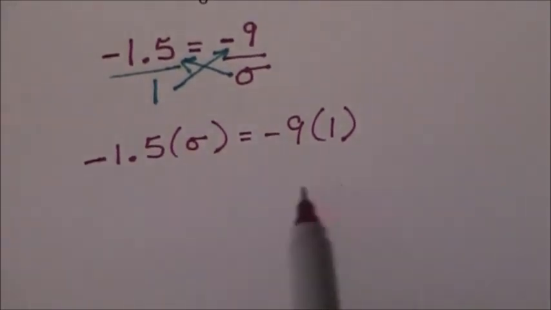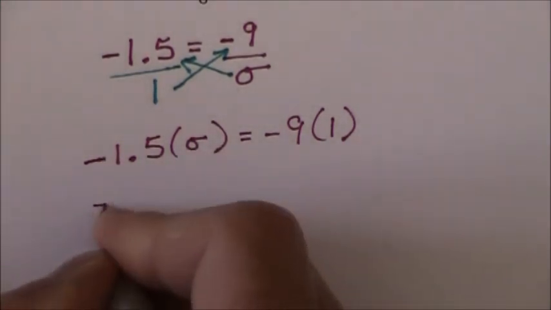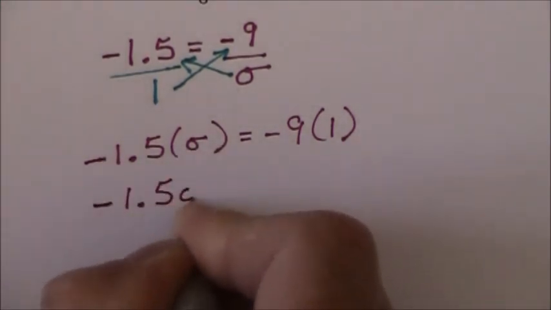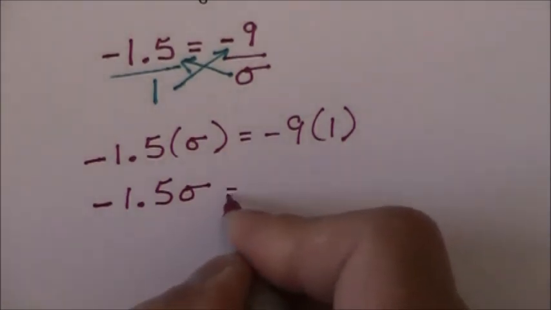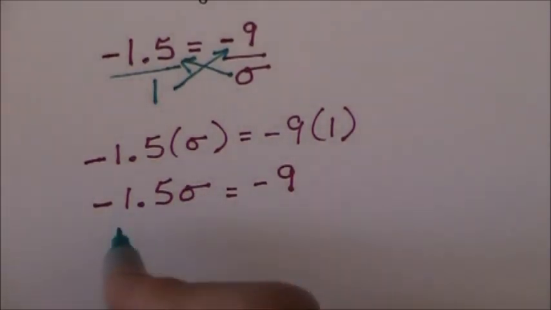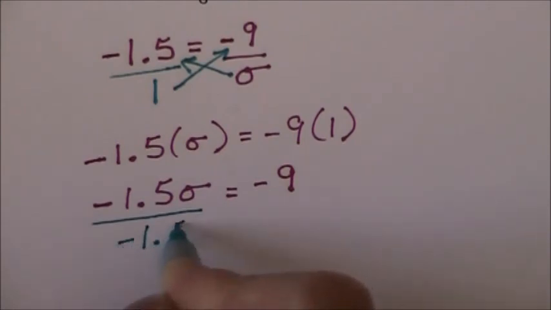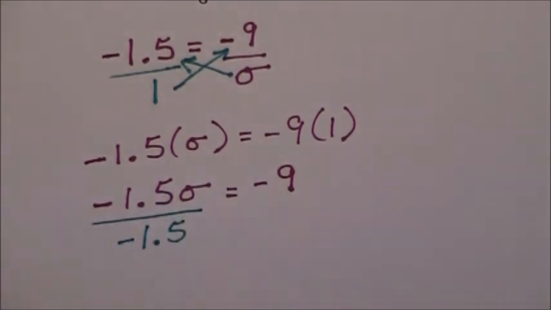We can simplify this to a single digit. So we have negative 1.5 standard deviations is equal to negative 9. Now we don't want 1.5 standard deviations, we want just 1, and we want that 1 to be positive. So, because this is multiplying, we divide by negative 1.5. We're not just dividing by the number, but we're also dividing by the sign.